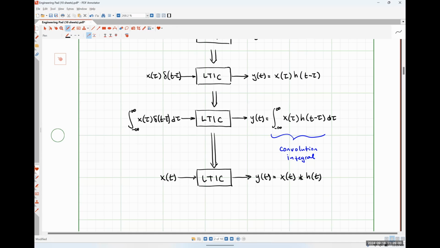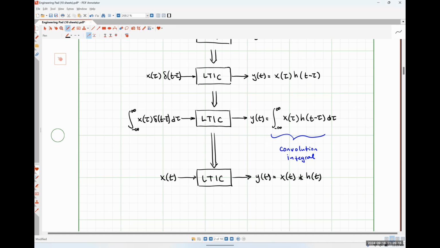So this operation where we have an asterisk acting on two different time domain functions means perform this integral. Okay, that's just a shorthand notation.